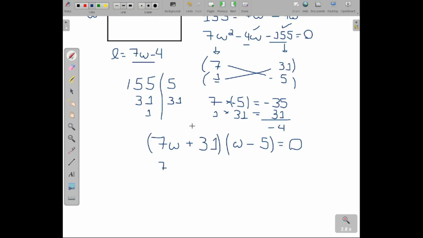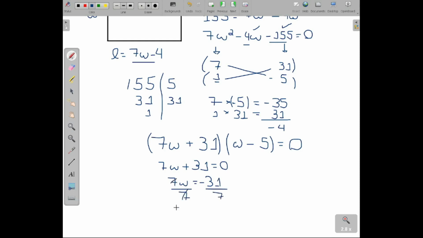Now let's solve the first one. 7 times w plus 31 is equal to 0. 7 times w is equal to negative 31. We divide both terms by 7.